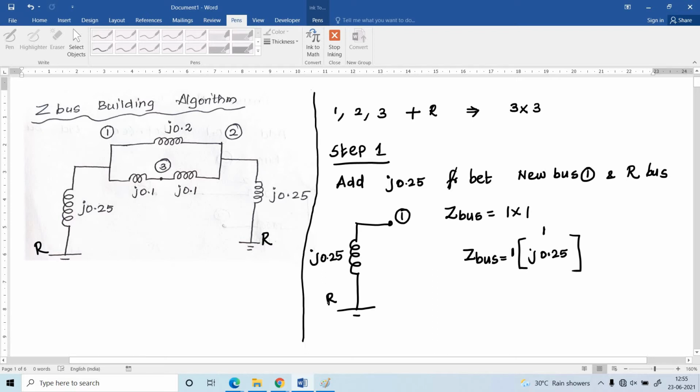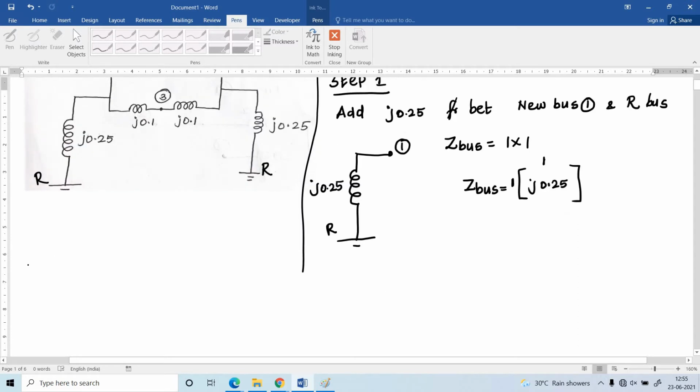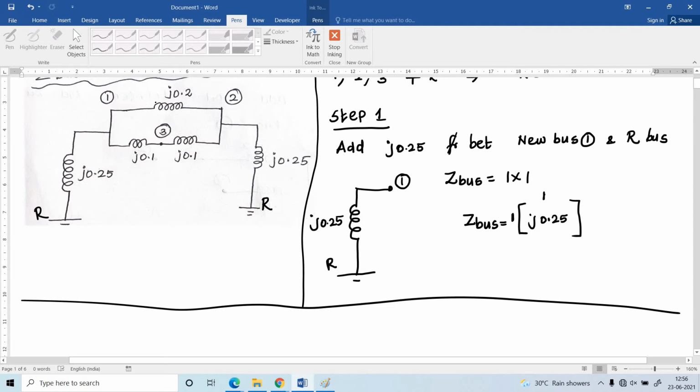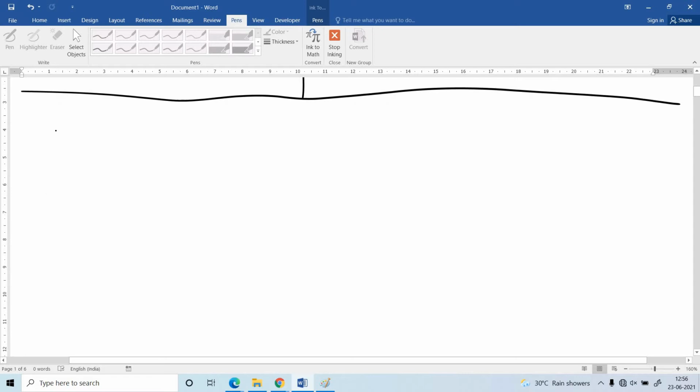And next I am going to explain step number 2. What is step number 2? The element J0.2 is connected between old bus 1 and new bus 2. Now I am going to draw the diagram for step number 2.